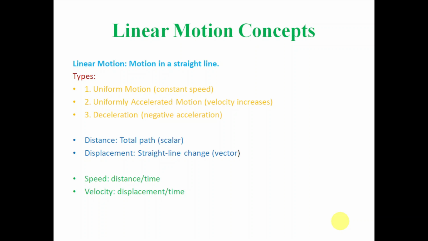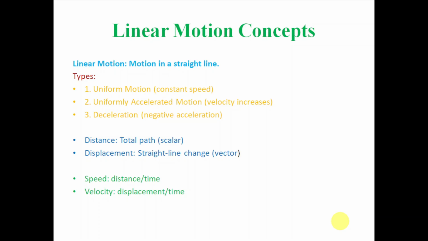Let's say the speed may be constant, but still there is a direction change. For example, a car starts moving uniformly at 3 kilometer per hour towards east and changes direction towards north.